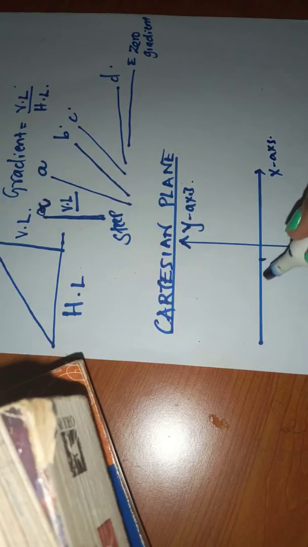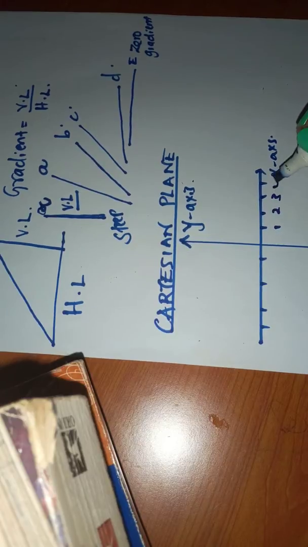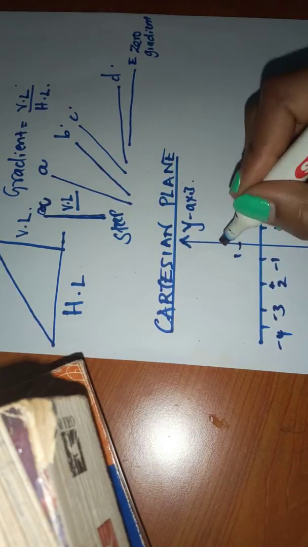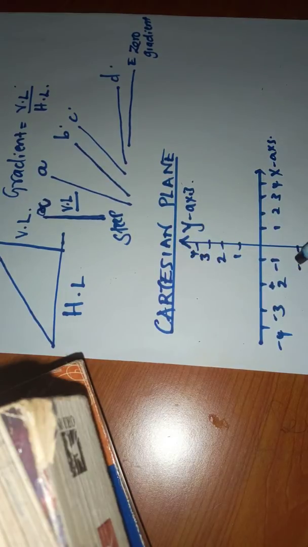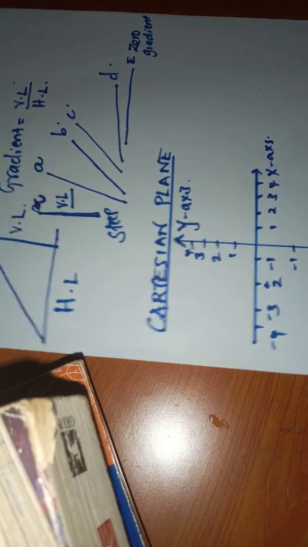On this side we have the negative values, on this side positive values, maybe 1, 2, 3, 4. This side I have -1, -2, -3, -4. On this side I have 1, 2, 3, 4. On this opposite side, -1, -2, -3, and maybe -4.